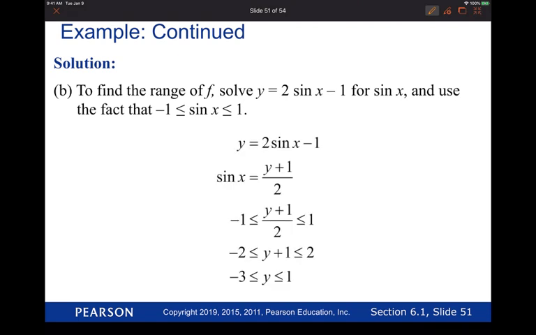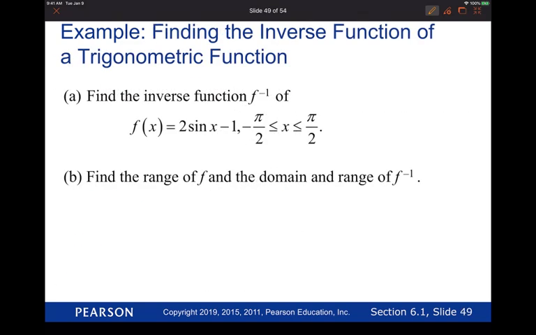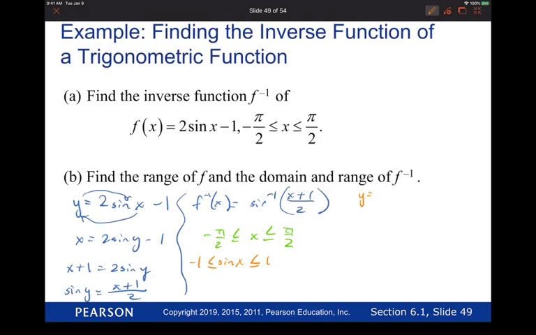If y equals 2 sine of x minus 1, that's what we needed. Am I doing this right? I keep feeling like I'm doing it wrong. I'm so tired. Dang, I can't get it. I'm sorry. I'm really tired. I'm like in a fog right now. I'm just going to rely on this part over here for the rest of it, because what's the time? I'm also kind of rushing a little bit.